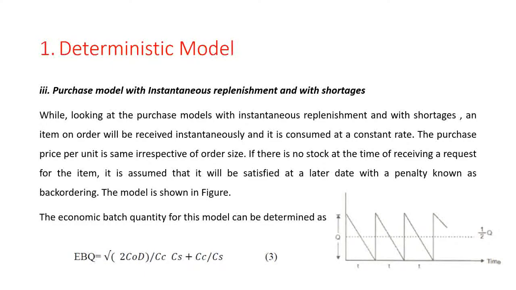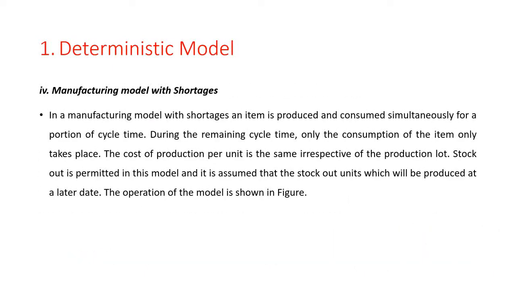Then the last model is the manufacturing model with shortage. We already discussed the manufacturing model without shortage in the second type, but here we have shortage. In this model, the item is produced and consumed simultaneously for a portion of the cycle time, and during the remaining cycle time only the consumption of the item takes place.